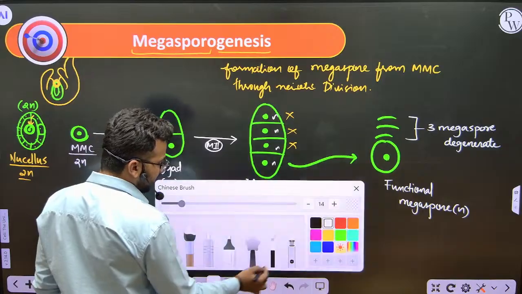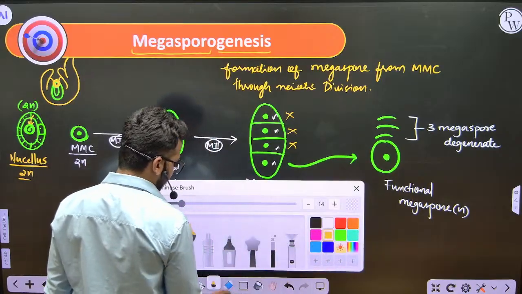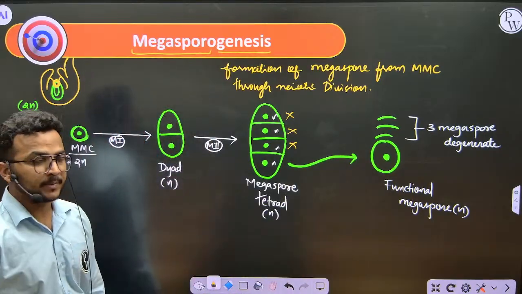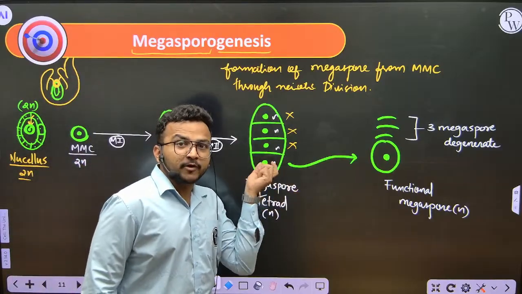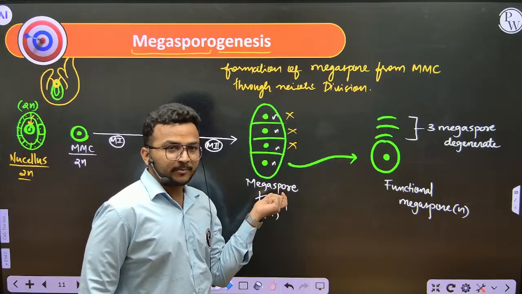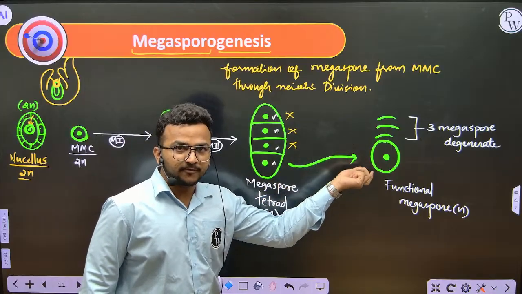This kind of development we call monosporic development. Monosporic development means only one out of these 4 megaspores will become functional.